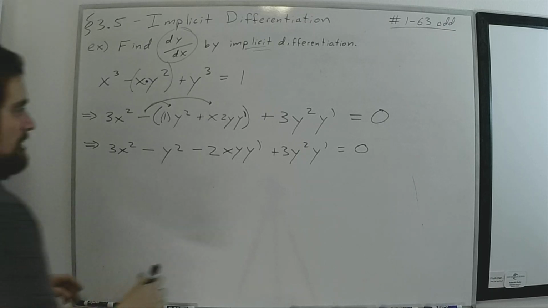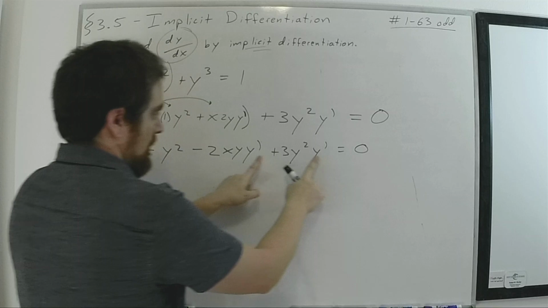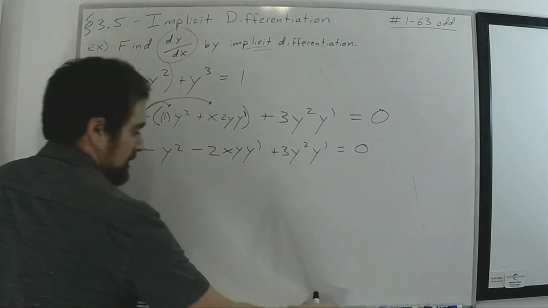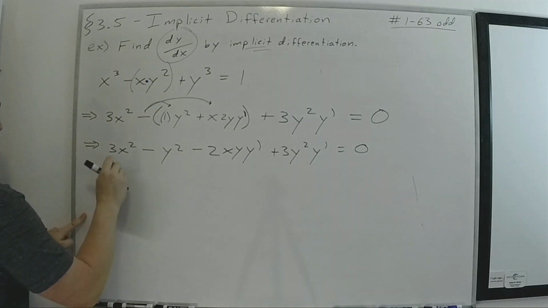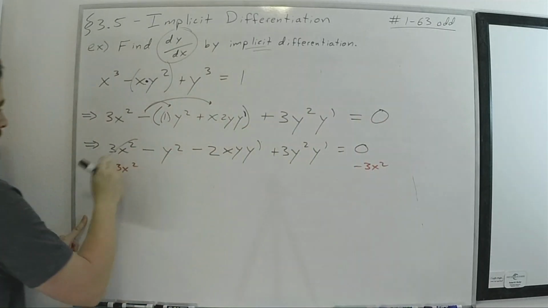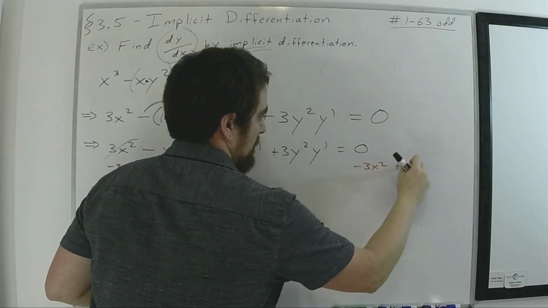So let's clean it up. We just want y prime all by itself. This term has y prime, this term has y prime, this doesn't, this doesn't. So let's go ahead and shift these over, get them on the other side. Cancel, cancel. Let's add y squared so it pops up on the other side.